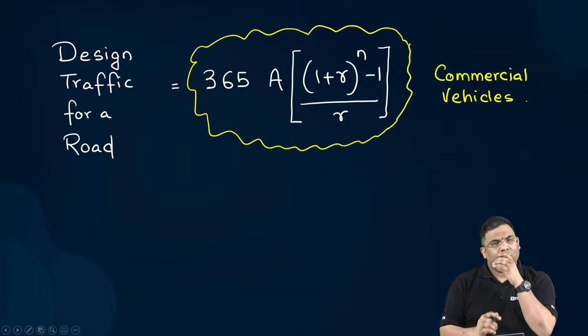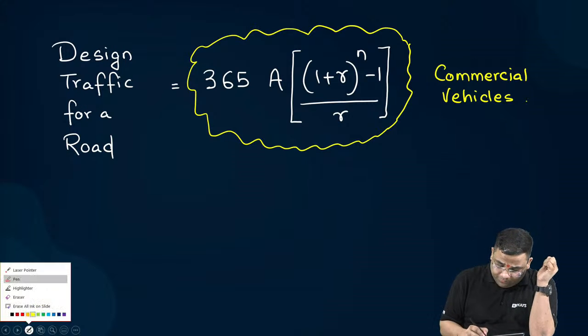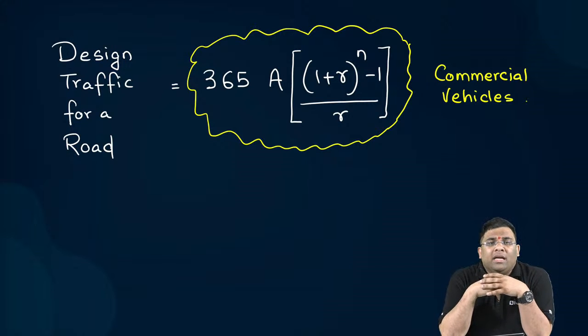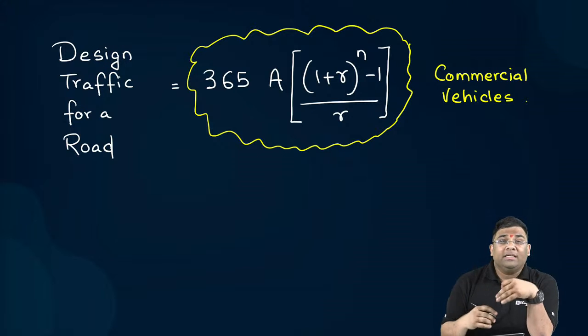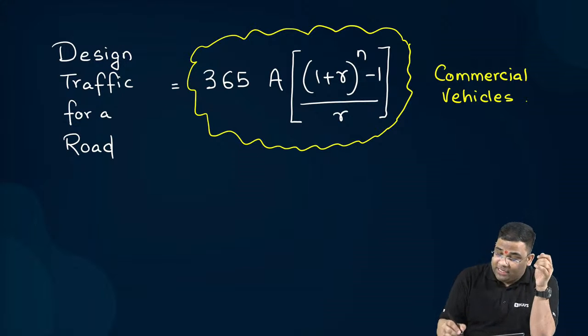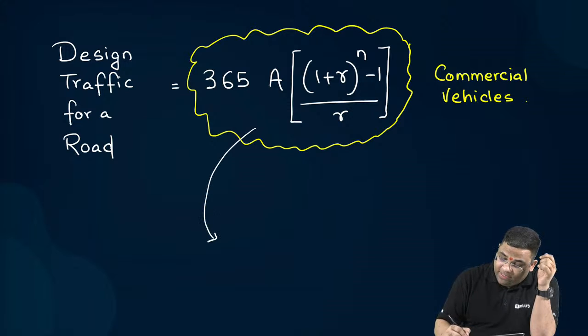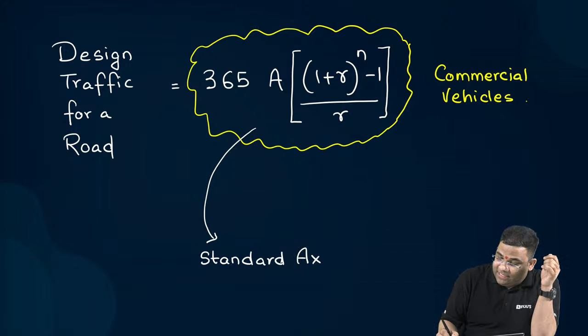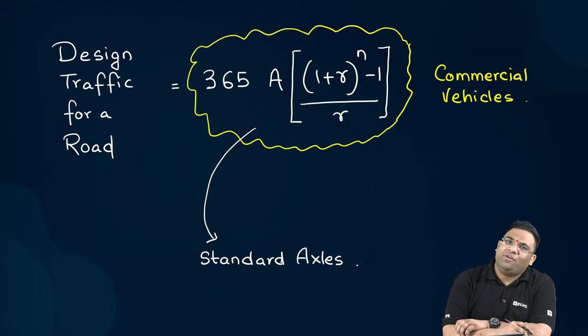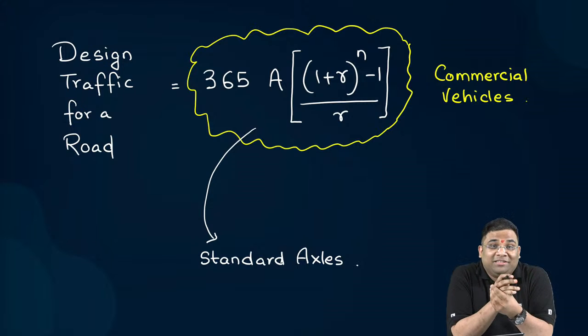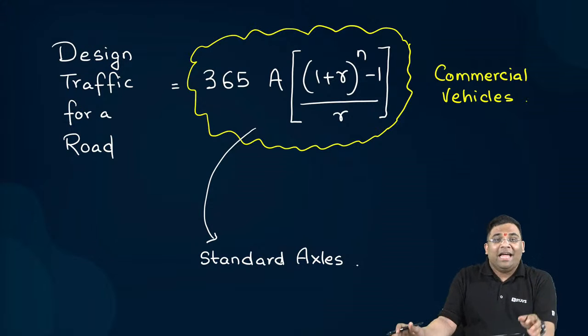If I want to find out the design traffic in terms of standard axle loads, then I have to convert these commercial vehicles into standard axles. Because axles are different and vehicles are different. A vehicle contains axles.